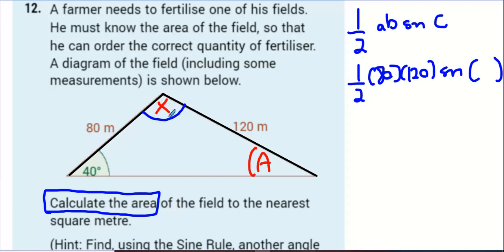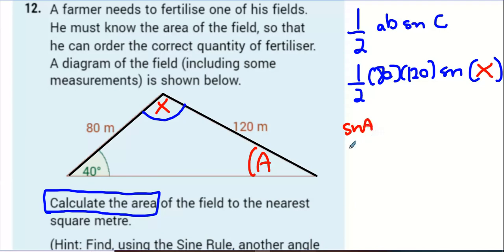And once I've found out what angle X is, I'll plot it up in here. Does that make sense? So use the sine rule to find angle A, and then find out what angle X is, taking away from 180, and then do the area of the triangle.